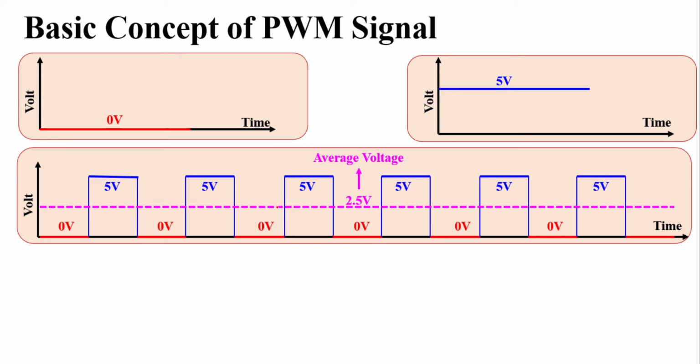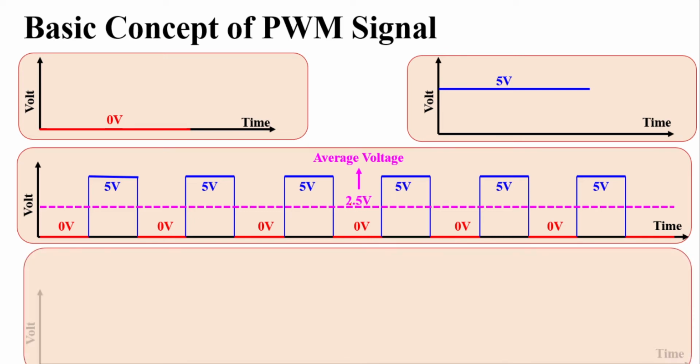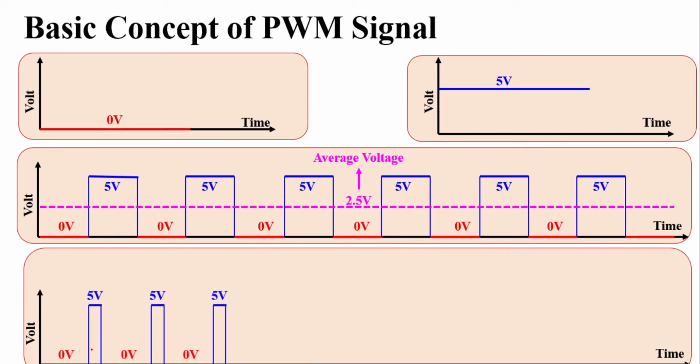So though we have the square wave, the average DC value of the signal is 2.5 volt. The same concept can be used to generate PWM signal.